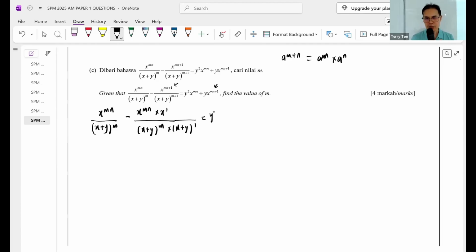The right-hand side, I copy y squared x power mn, this is y times x power mn. Because of the plus, you break up, it becomes multiply.